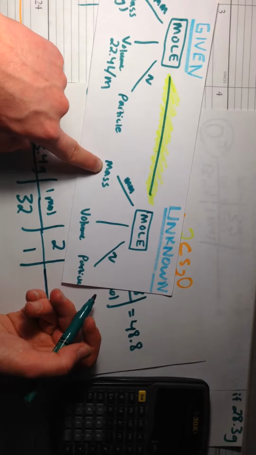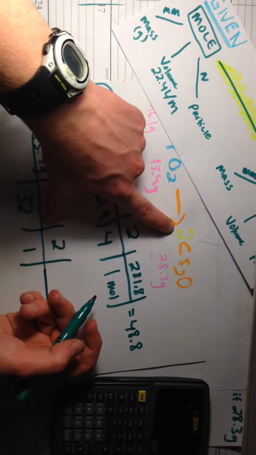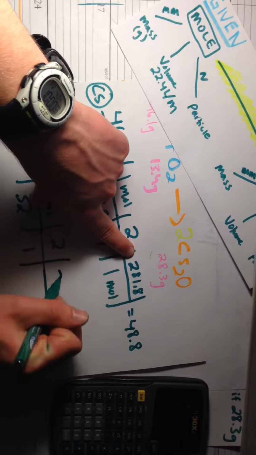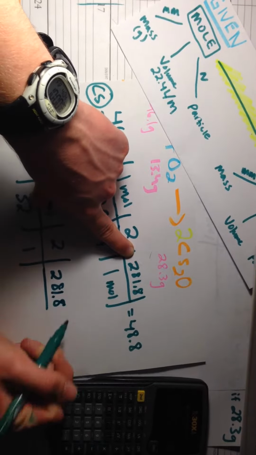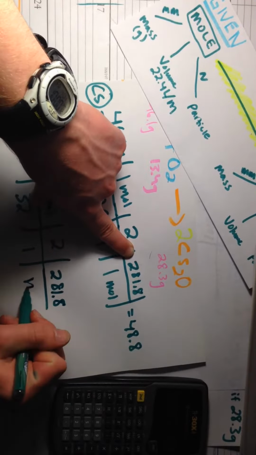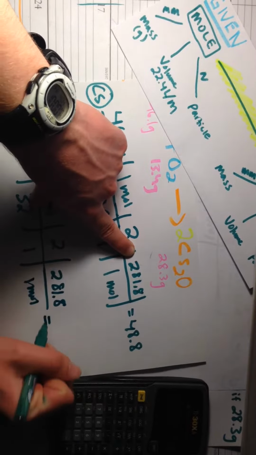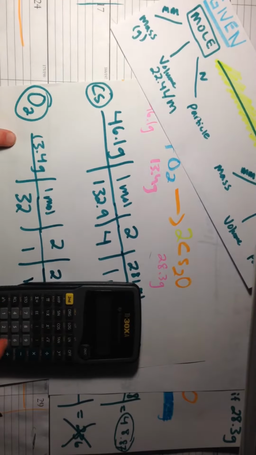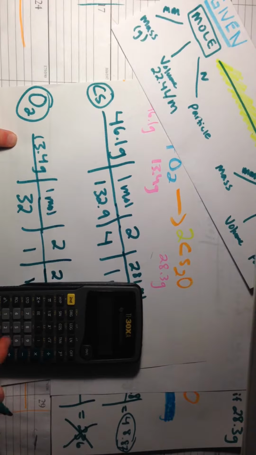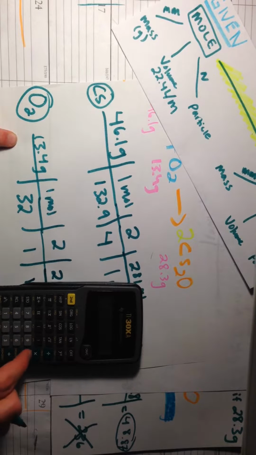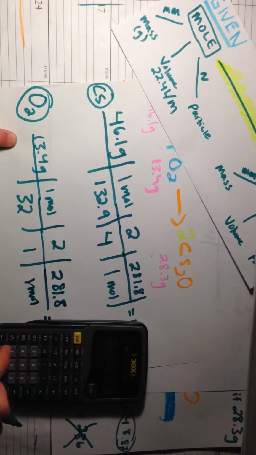So you're going to multiply by Cs2O, which is the same as up here, 281.8. It's just the molar mass over 1 mole equals everything on top, 13.4 divided by 32 times 2 times 281.8.